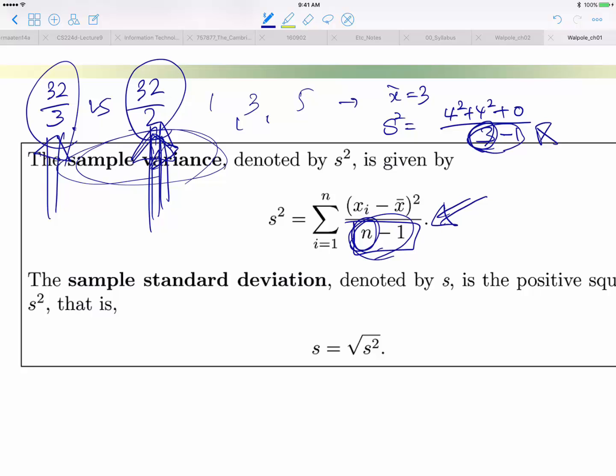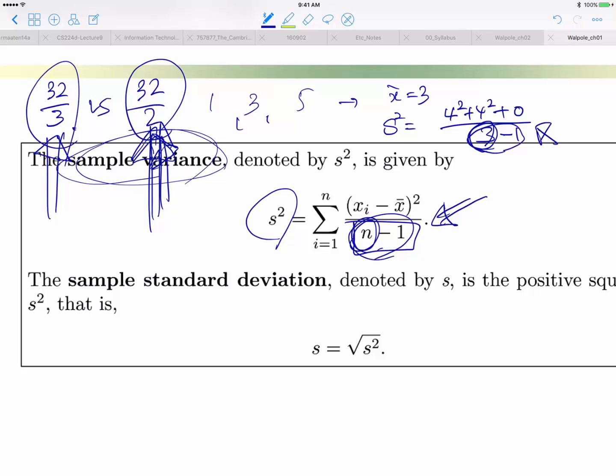Let me give a brief reason why. When computing this variance, our initial assumption is that we know the true mean, right? In order to compute the variance, we need the mean value. But in practice, we don't know the true mean. Just as there is a true variance that we don't know, we have a sample mean, which is not actually the same as the true mean.